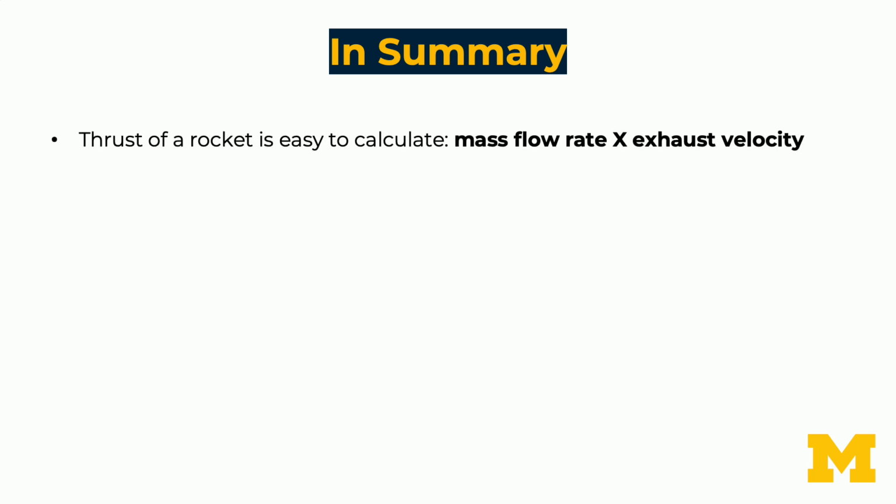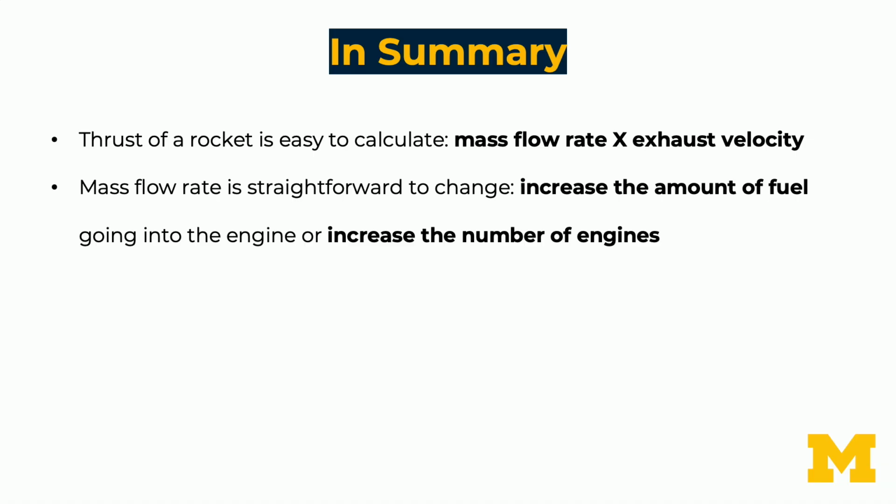So in summary, the thrust of a rocket is easy to calculate. It's the mass flow rate times the exhaust velocity. The exhaust velocity for a rocket is typically around 3,000 meters per second. The mass flow rate is straightforward to change. So if you want to increase the thrust, all you do is increase the amount of fuel going into the engine or increase the number of engines, and that increases the mass flow rate.